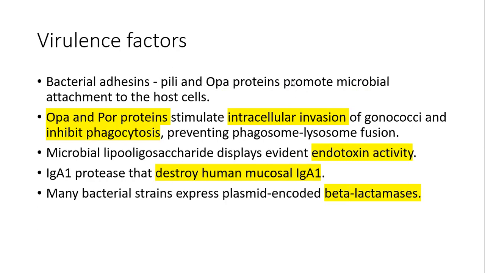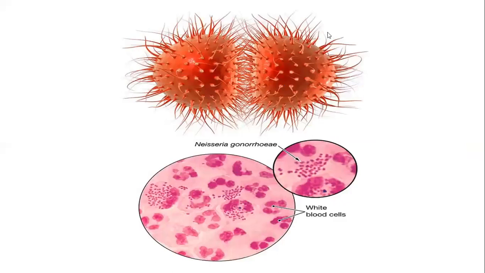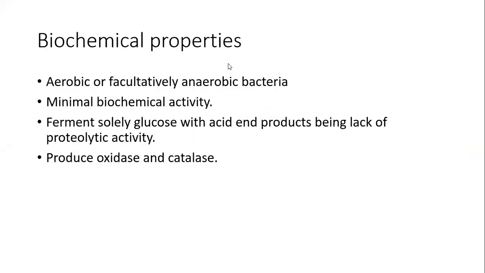Bacterial adhesion. Let's return to this picture. You can see a lot of fimbriae and pili, and that means they can adhere very strongly, very closely, to the eukaryotic cell.